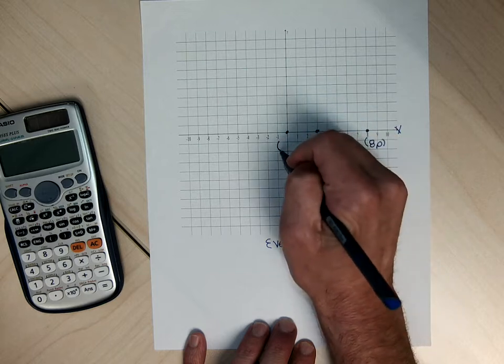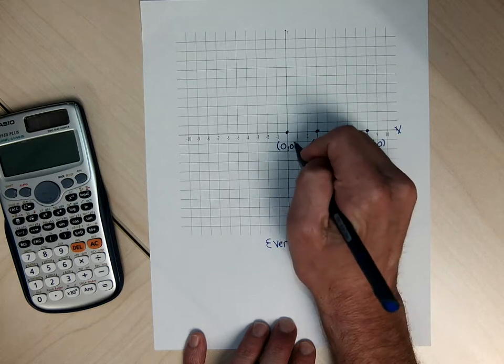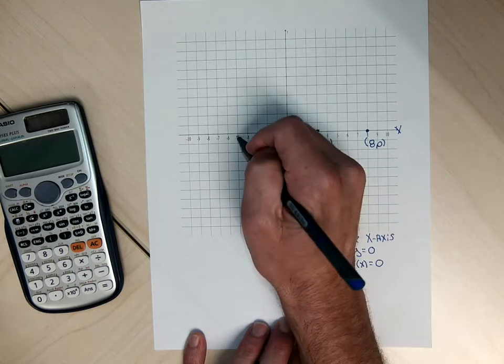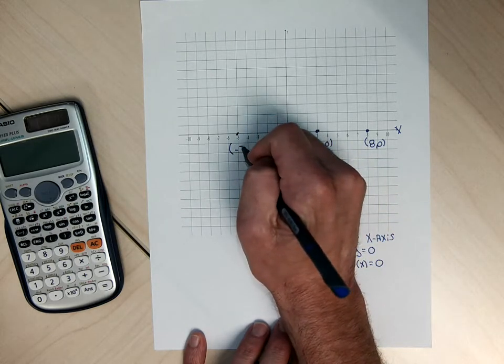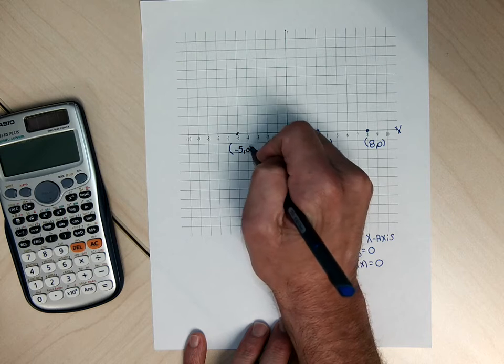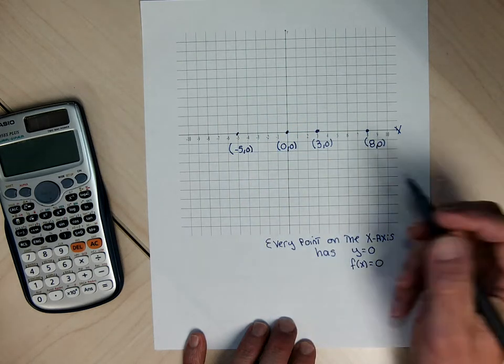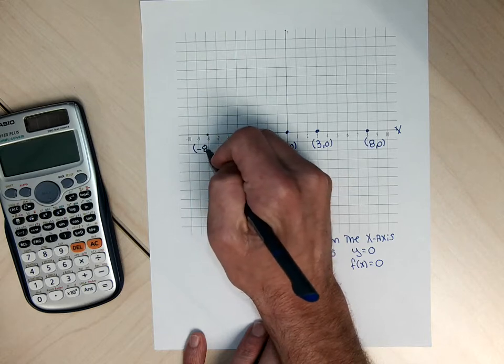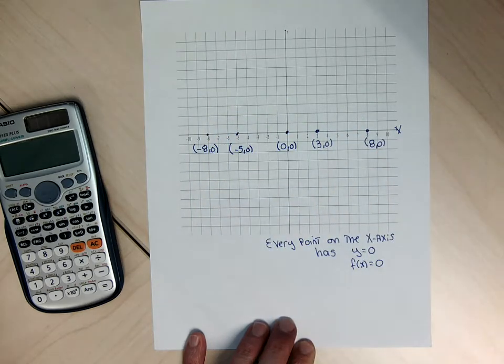Here's the point (0, 0). The x isn't positive nor negative, but the y is 0. Here's the point (-5, 0). X is negative, but the y is 0. So regardless of what the x is, any point on the x-axis is going to have a y equal to 0. That's a big deal.